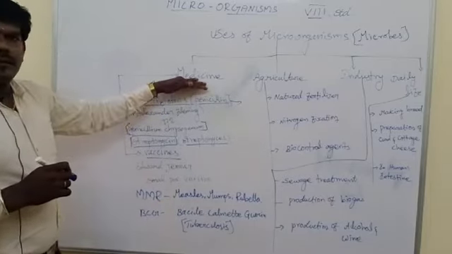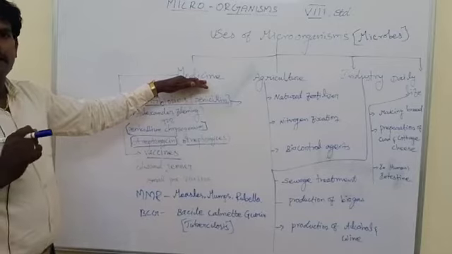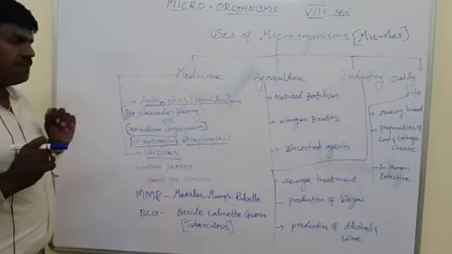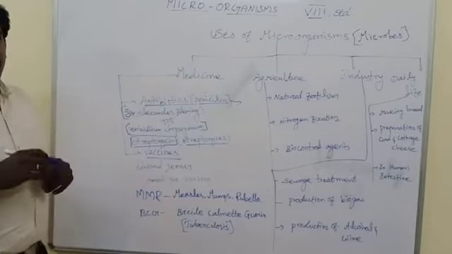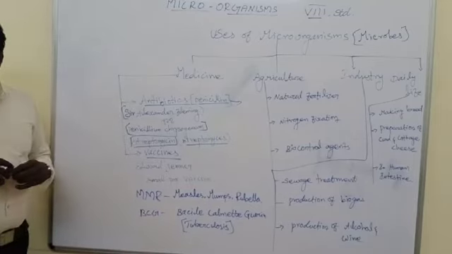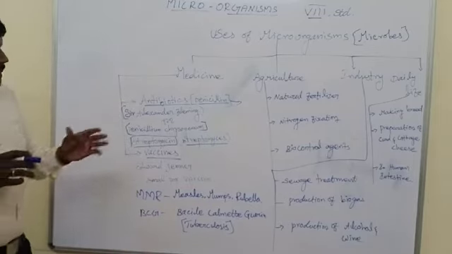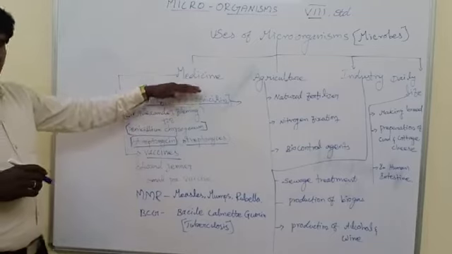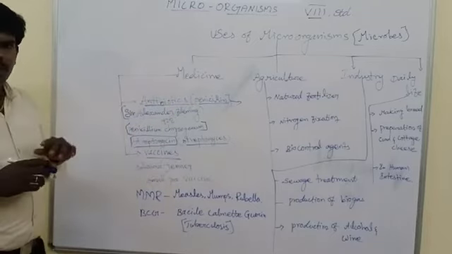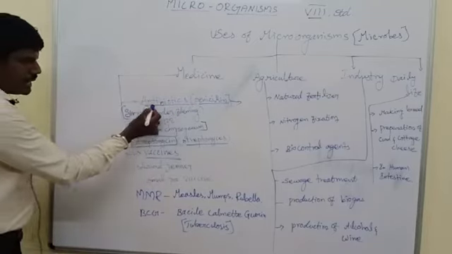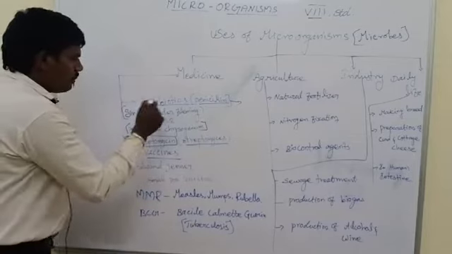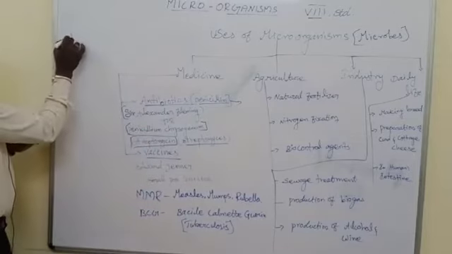We have obtained antibiotics and vaccines from microbes. First one, antibiotics. Anti means what?